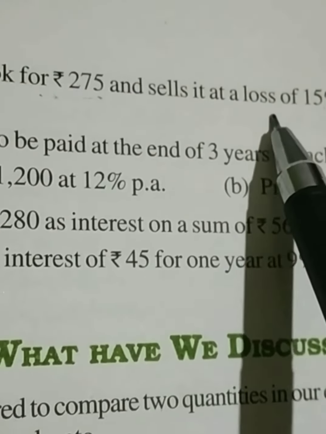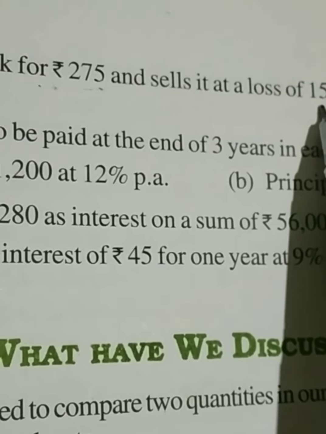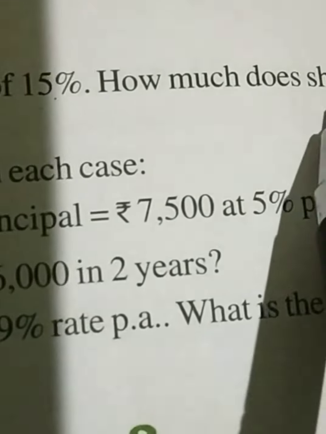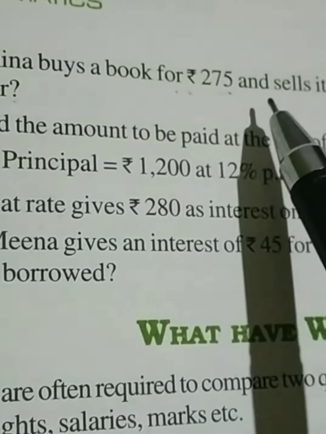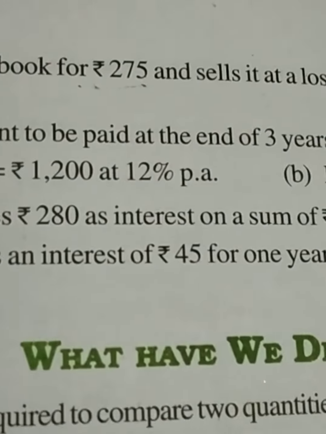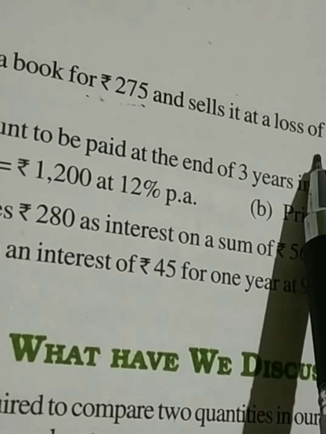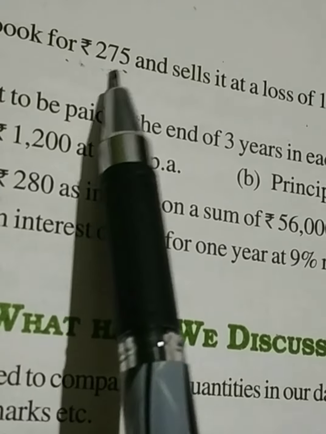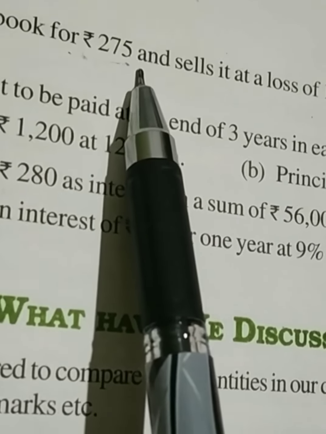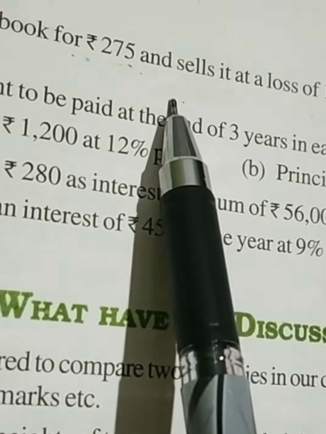We have to find the selling price of the book. So the selling price will be 15% of 275 less than the cost price.